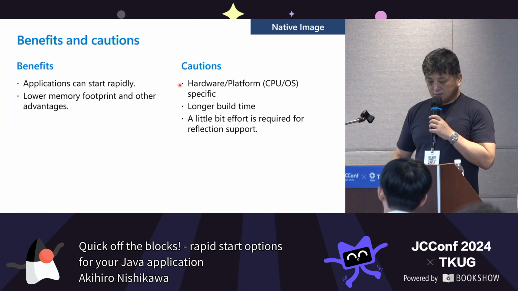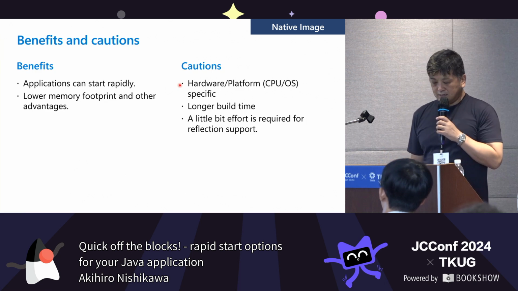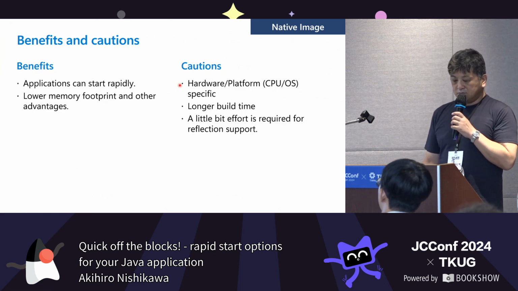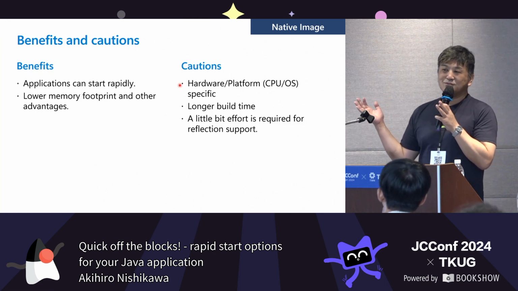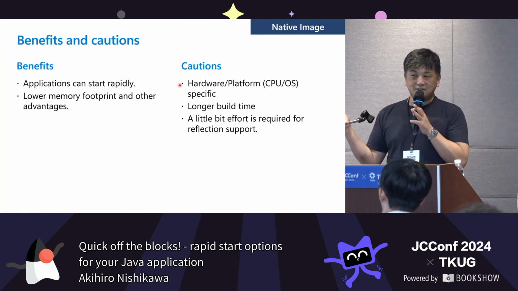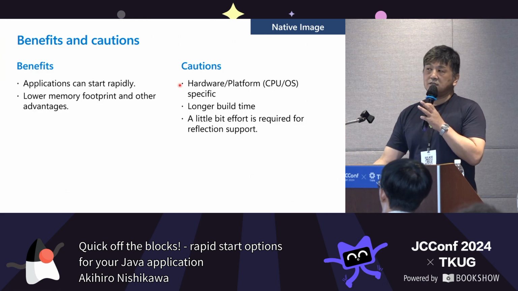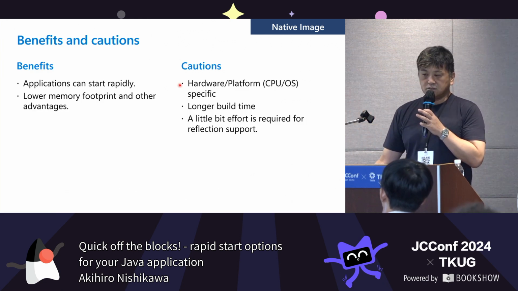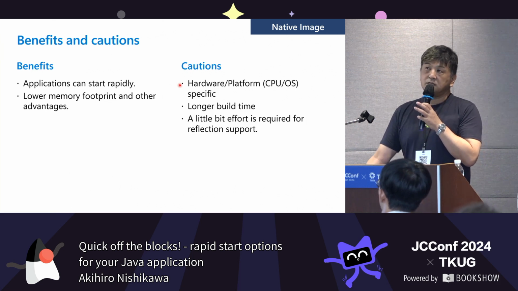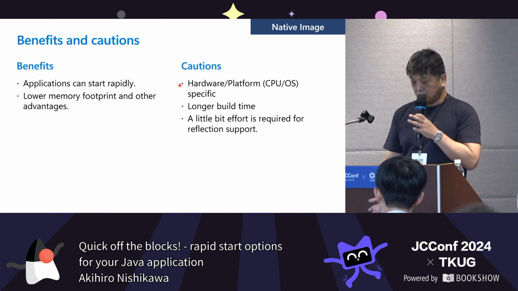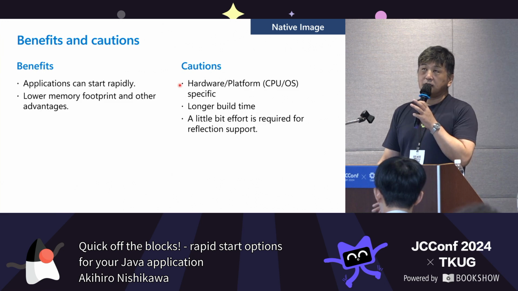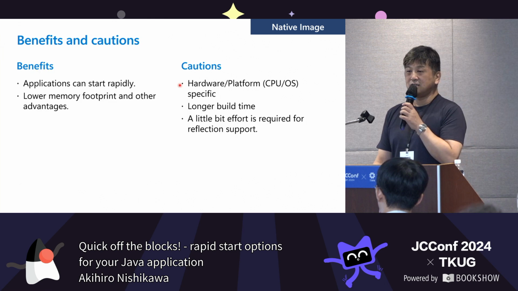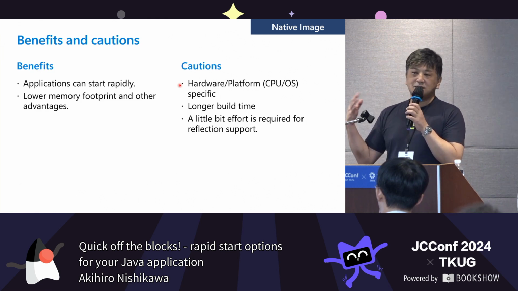So it's a little bit tricky, and it takes quite a long time to build a native image. For example, in my case, a Java application takes 10 or 20 seconds, but a native image takes 10 minutes.